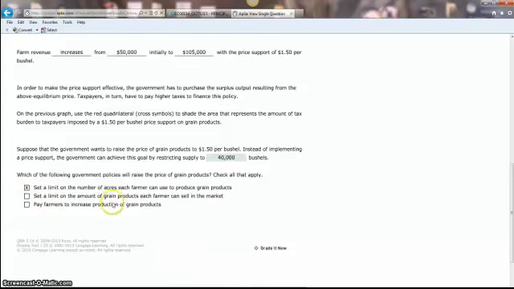If you set a limit on the amount of grain products that a farmer can sell in the market each year, that will also reduce the supply of grain. Now, if you pay farmers to increase grain production, that would increase supply and shift the supply curve out and to the right. That would be the wrong direction, so you wouldn't check this one because that would actually lower the price in the market.